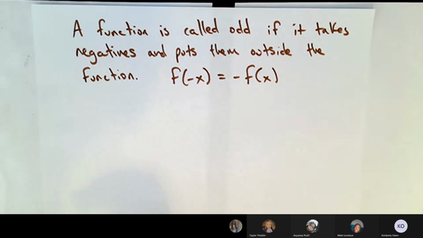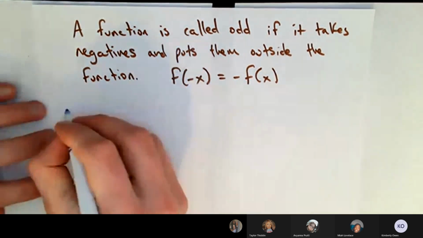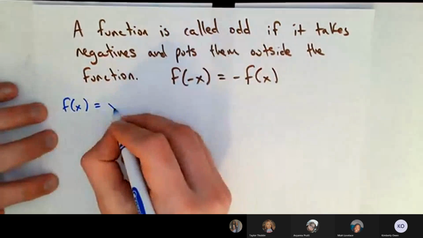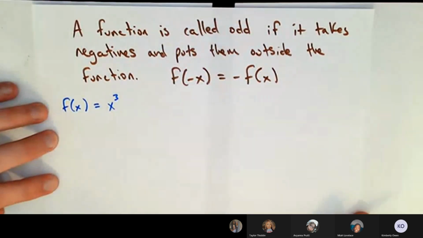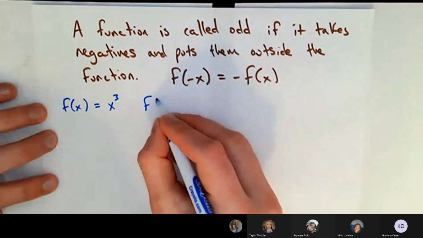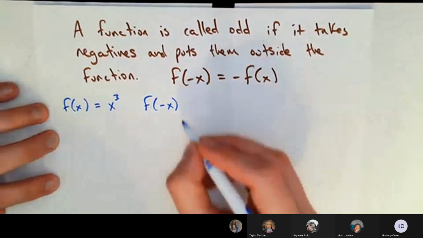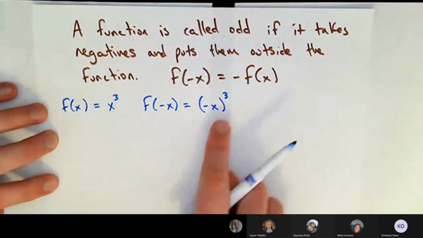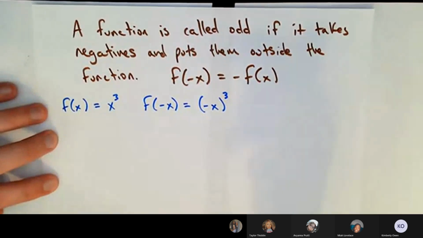So let me do a quick example. Let f of x equal, what's a classic odd function? Well, x cubed, that's fine. So I'm going to stuff a negative inside the function, literally inside parentheses. Then I'm going to cube it, but negative x cubed is negative x times negative x times negative x. There's an odd number of negatives, so I should expect those negatives to maintain, right?